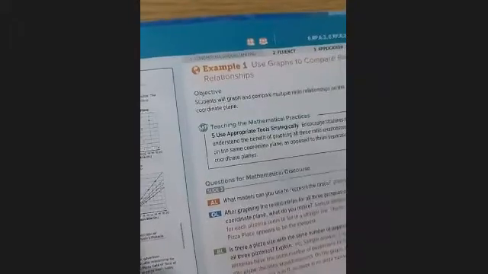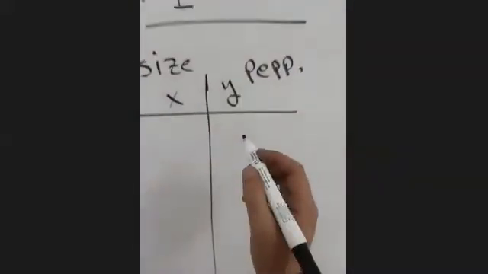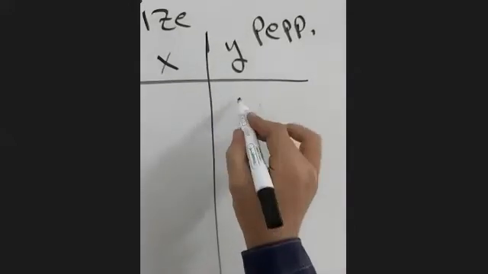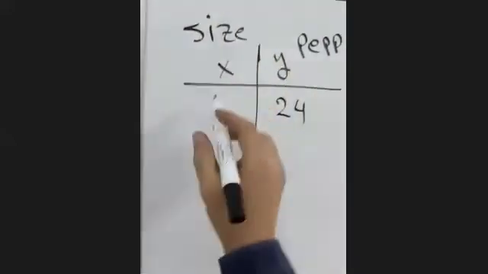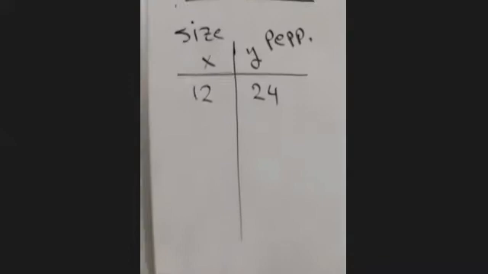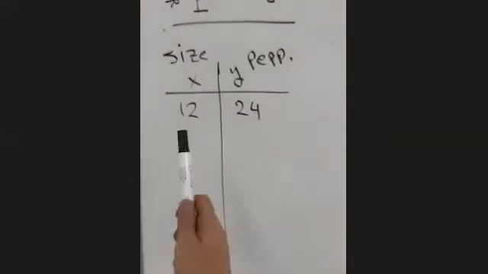So the pepperoni is 24. I will write the pepperoni here, 24, and the size of the pizza, 12 inches. From where did I get these 2 numbers, guys? From the question.